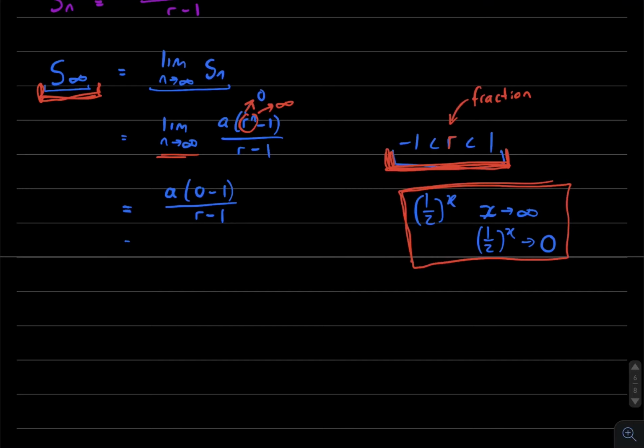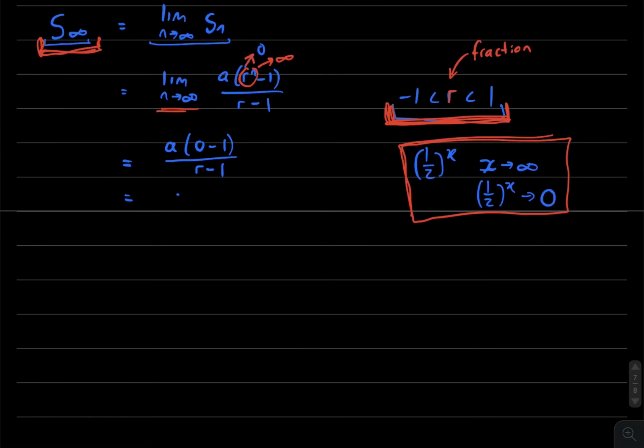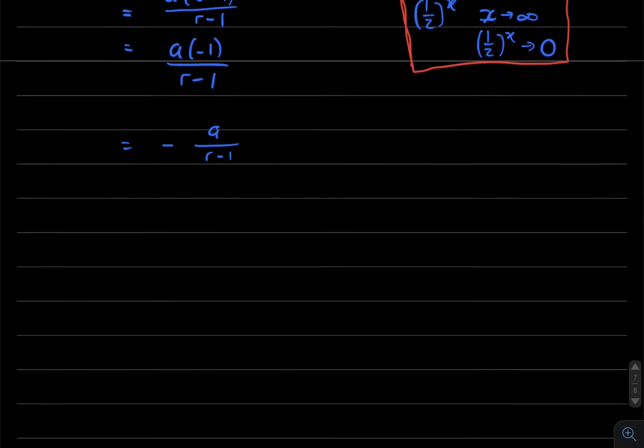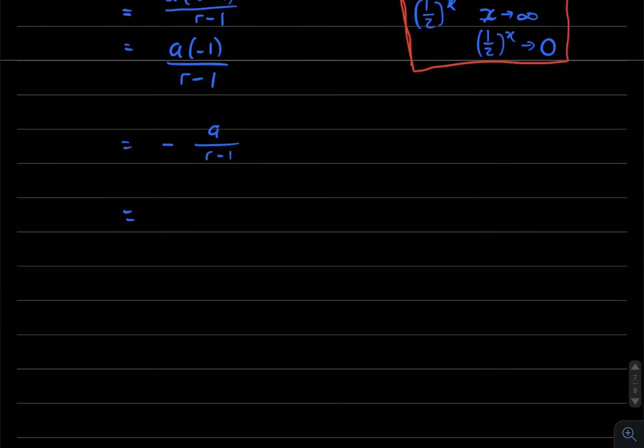Okay, so go back to blue. We have a times 0 minus 1, which is just -1, over r minus 1. So what we can do is take the negative outside and have a over r minus 1. Then we can take the negative back in and put it in the denominator.